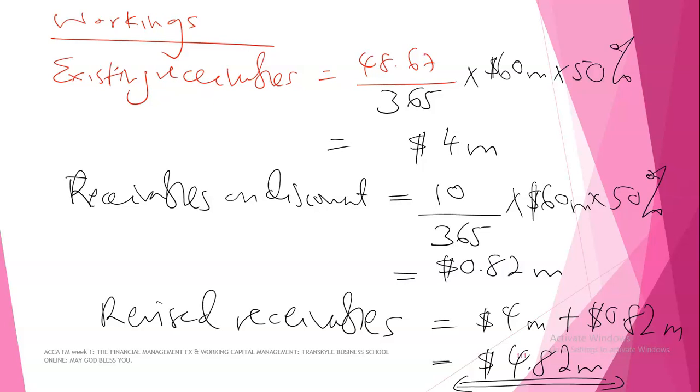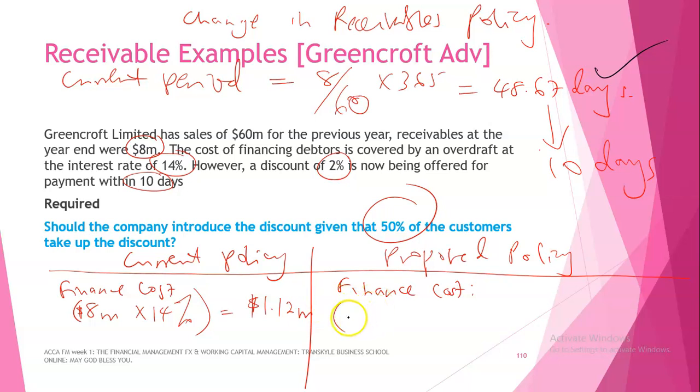We want that 4.82 million to be part of our finance cost computation. So we take that 4.82 million multiplied by 14%, and we should get 0.67 million as our new finance cost.